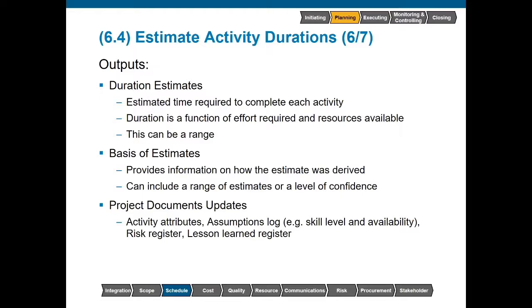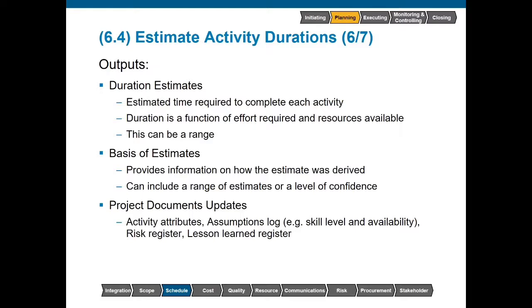With our project documents updates, the activity attributes. So now that we have some information about how long these activities should take based upon these estimates, we can go ahead and record that information. With the assumptions log, the skill level of the practitioners involved in the actual work. It can be very difficult to accurately assess their skill until we're able to observe them working.